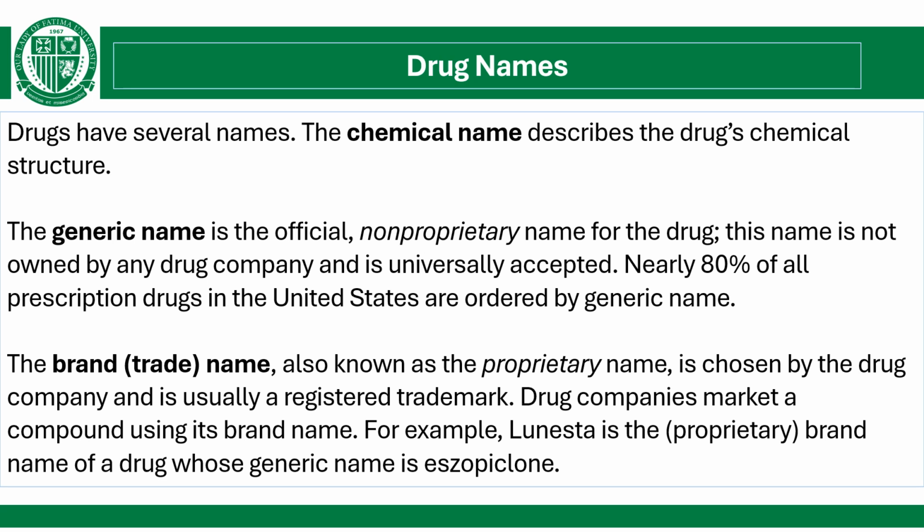Another one is that drug companies market a compound using its brand name. The FDA publishes a list of approved generic drugs that are bioequivalent to brand name drugs. Generic drugs have the same active ingredients as brand name drugs but are usually less expensive because manufacturers do not have to do extensive testing.